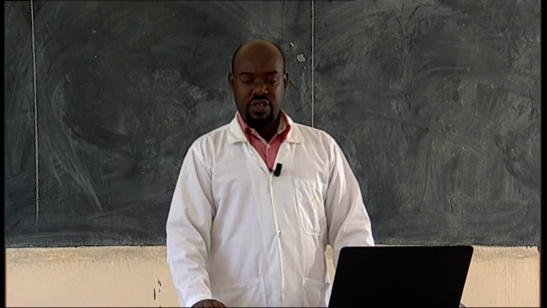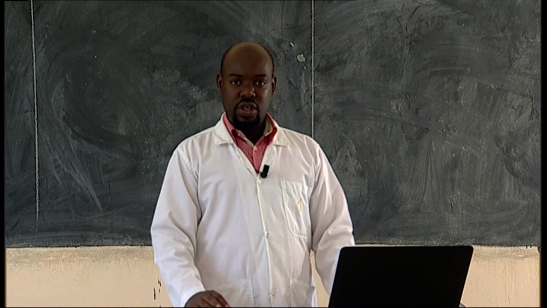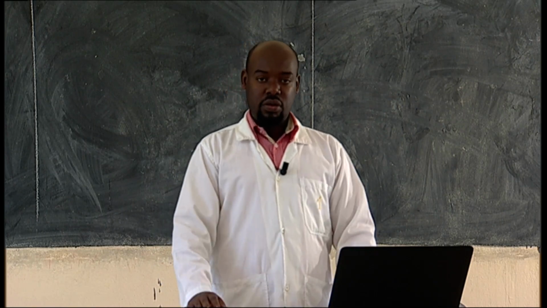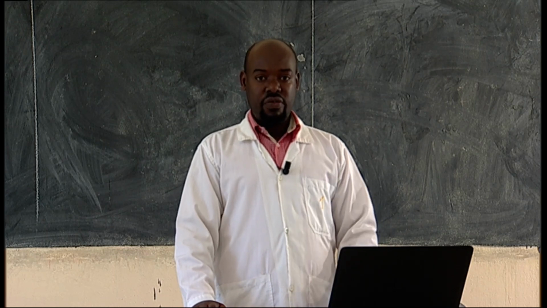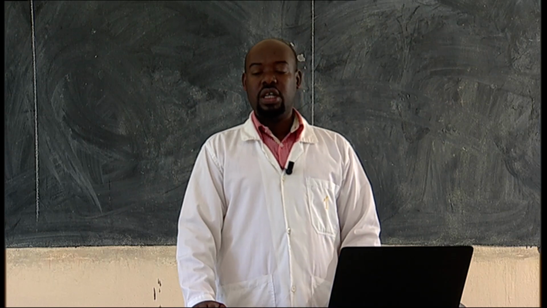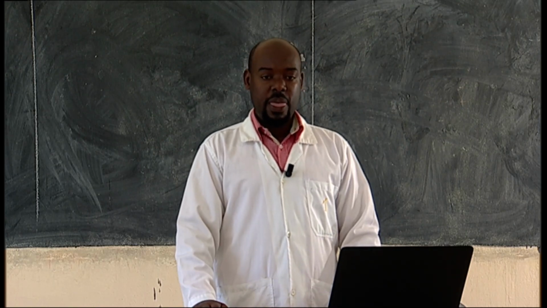There is a lot we have studied in this unit, in the first lesson, and we will go through that again as a revision before we start the new lesson, the metallic and non-metallic trends in the periodic table.